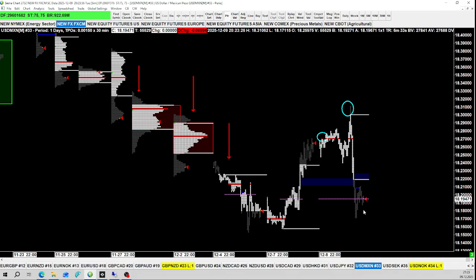In the current place where we are, I don't have further studies. I won't be entering the market here because the trade is supposed to already be in profit with those two targets.